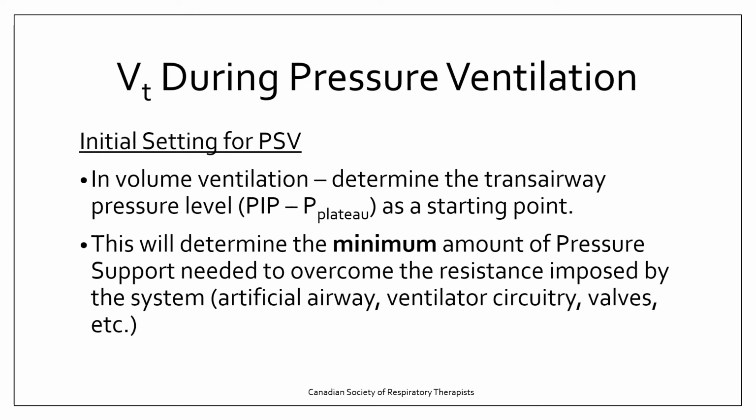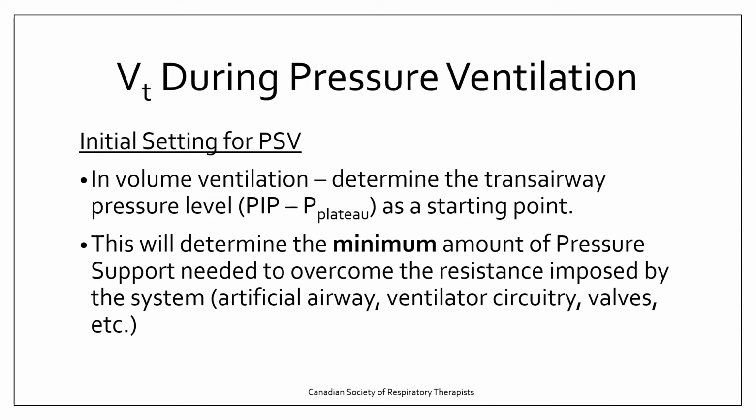So how do we set pressure support ventilation? What's the best way to do this? So again, if we're in volume ventilation, then we can determine the transairway pressure. So take your PIP minus your plateau, do an inspiratory hold and figure out your plateau. The difference between your PIP and plateau is a good starting point. That's really the resistance that the patient has in the airway.